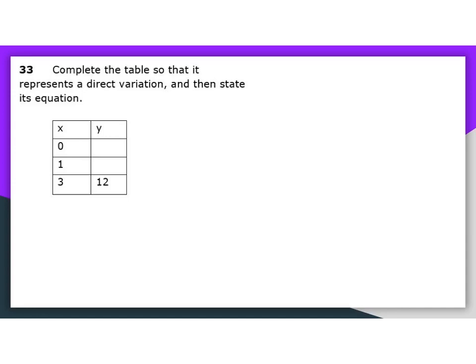Question 33 is telling us to complete the table so that it represents a direct variation and then state the equation. Direct variation is going to be an equation that's written in the form of y equals kx. So very similar to a linear function where we have a slope, but the y-intercept is always going to be 0.